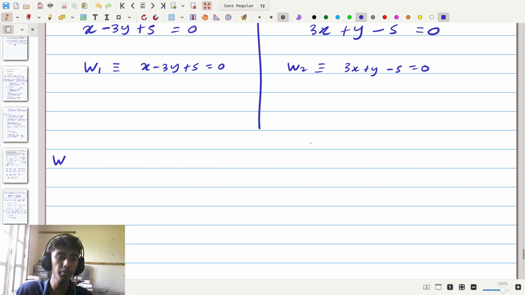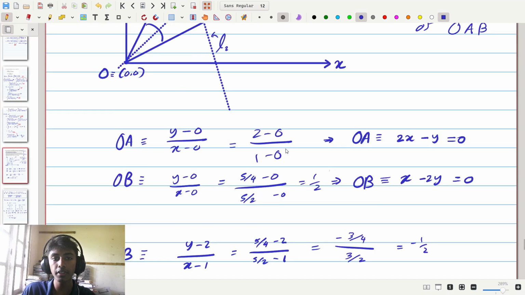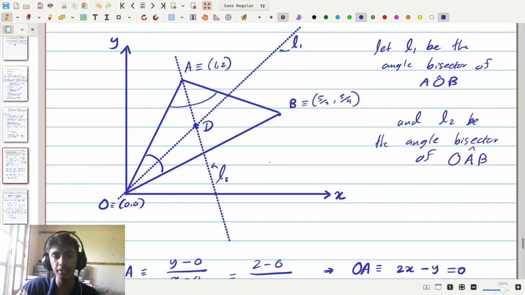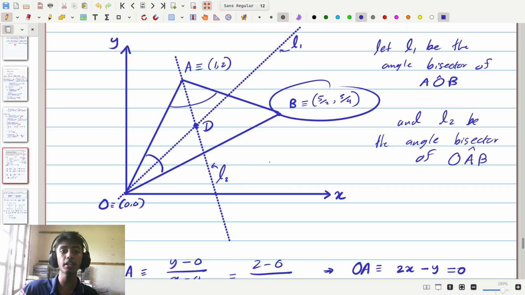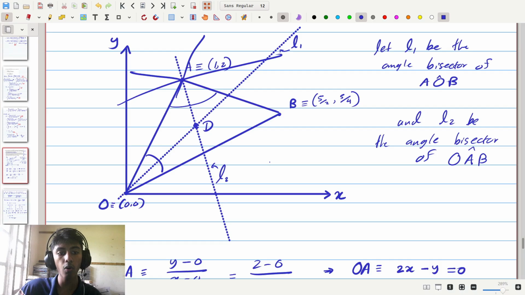So if we consider W1 and the points that are relevant here, if we go up, the origin and B are relevant. If we consider L2, the origin is on one side and B is on the other side. But for the other angle bisector of this angle here, for AB and OA, both the origin O and the point B are on the same side of the line.